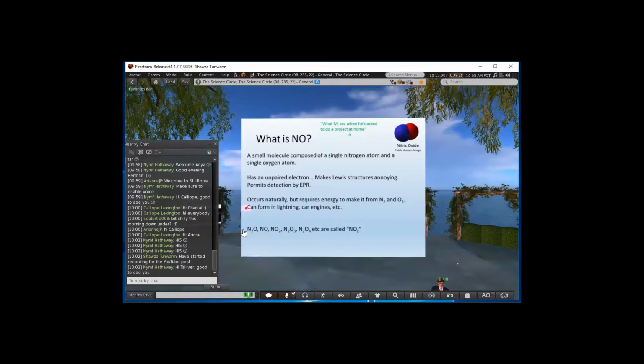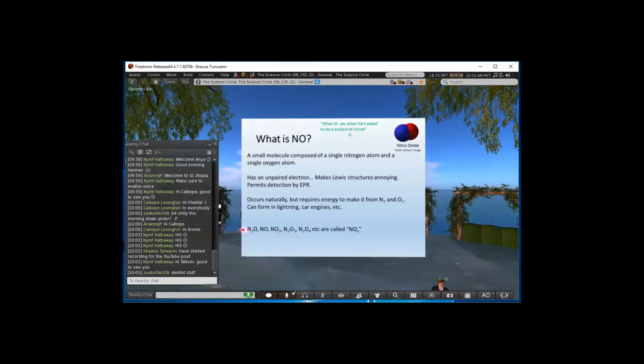I've listed a few of them here. There's N2O, which is nitrous oxide. Nitrous oxide is the laughing gas that is used as an anesthetic, perhaps most famously in dentist offices. So nitrous oxide can be inhaled.